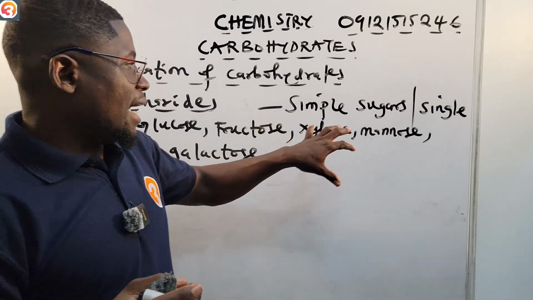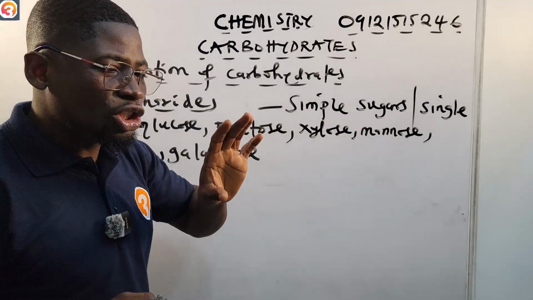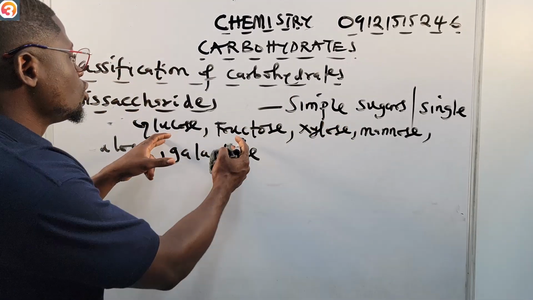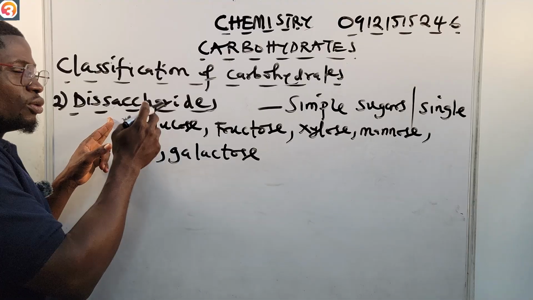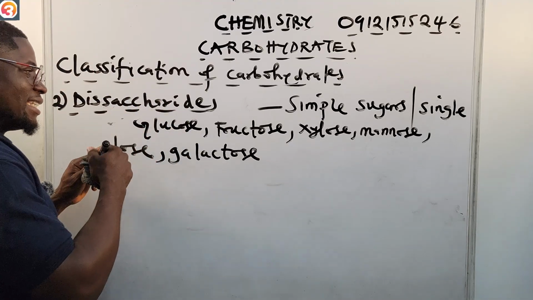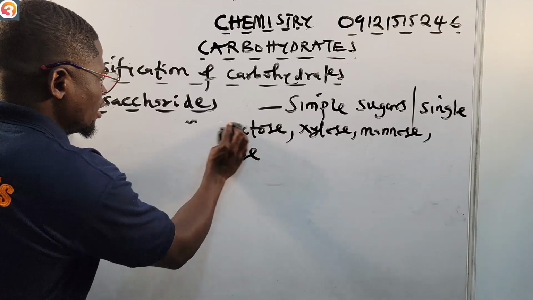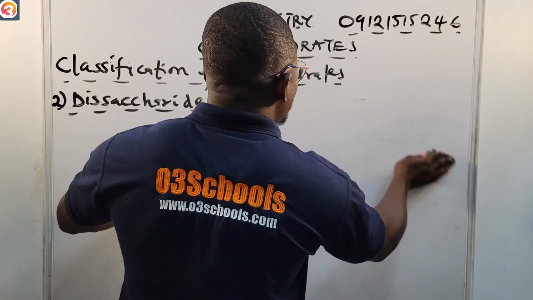When you add two monosaccharides together, you get a disaccharide. So they are gotten by the combination of 2 simple sugars.